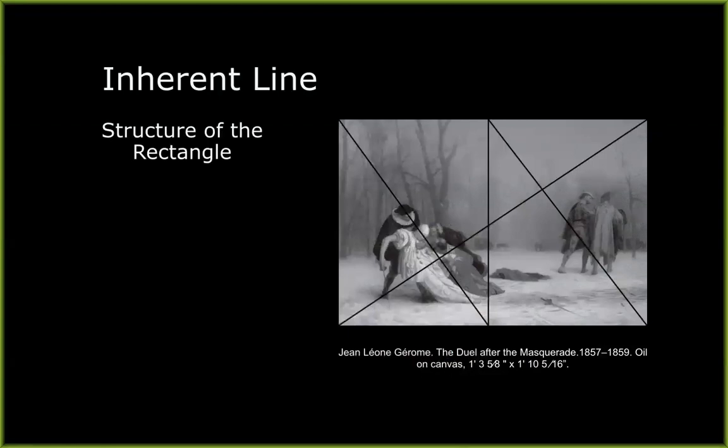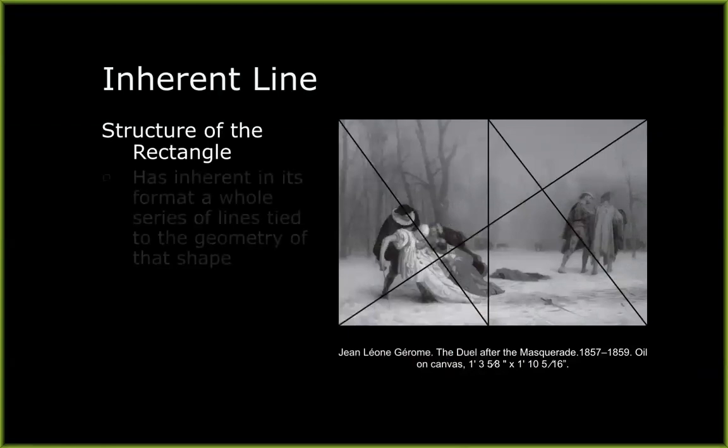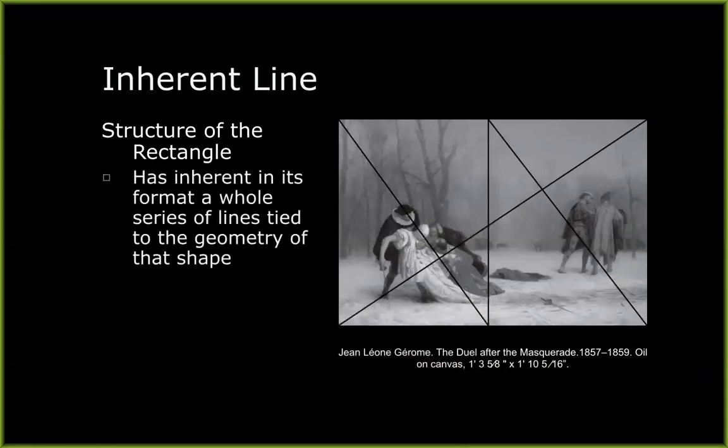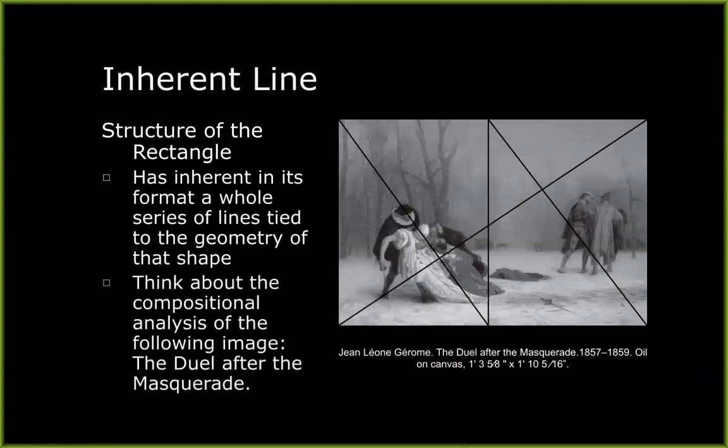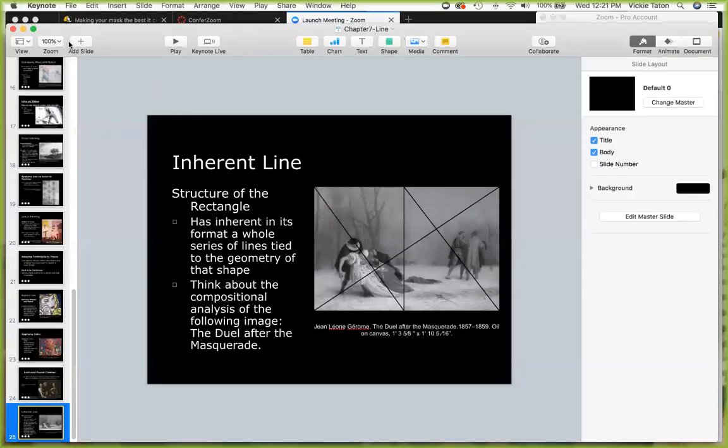Sometimes those can be very useful in a piece of art in drawing the eye around. And this is a good example of how some of those inherent lines inside of the rectangle of the canvas have been utilized. And there's a whole in-depth analysis of this painting in your book.